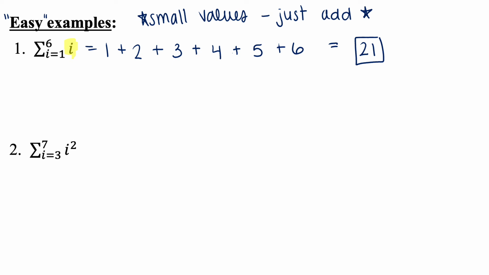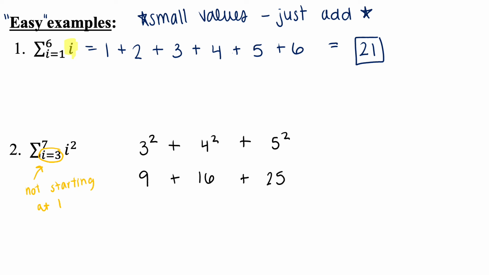And then same thing for number 2. Take note, here we have the sum from when i equals 3 until i equals 7, so here we are not starting at 1. Starting when i equals 3, we would have 3 squared, which is 9, plus 4 squared, which is 16, plus 5 squared, which is 25, plus 6 squared, which is 36, and then we're ending here at 7, so plus 7 squared, which is 49.